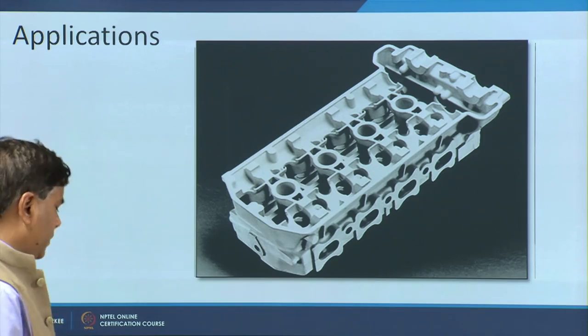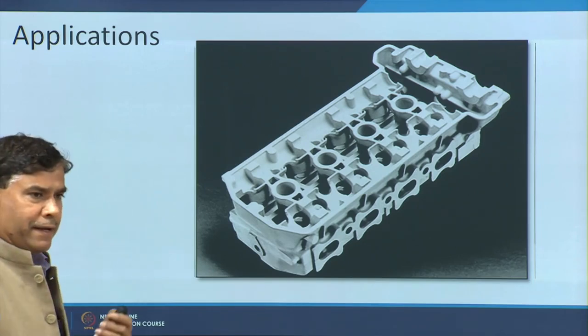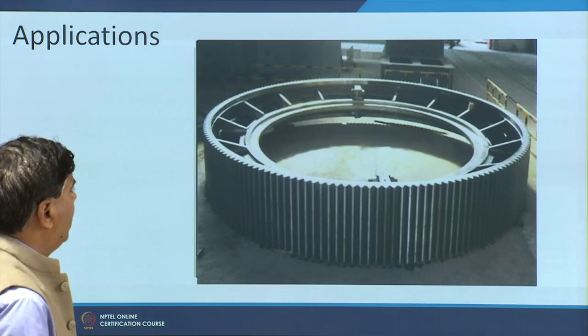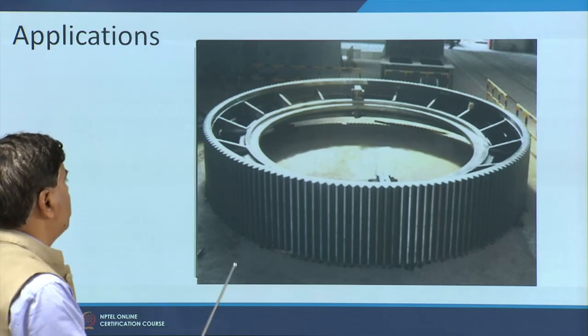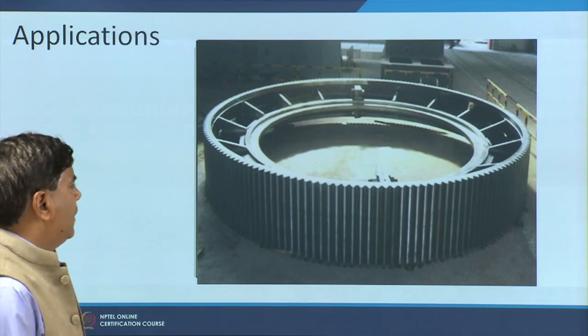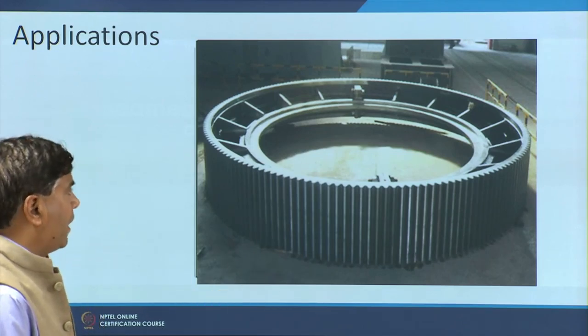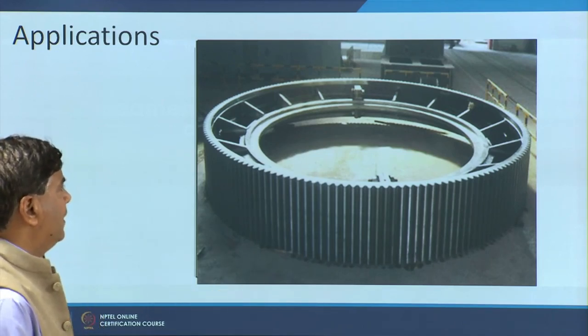Such complex design and geometry components can be produced with casting in one go. This is a very large girth gear which is also made by casting, followed by machining in order to have the desired geometrical dimensions.